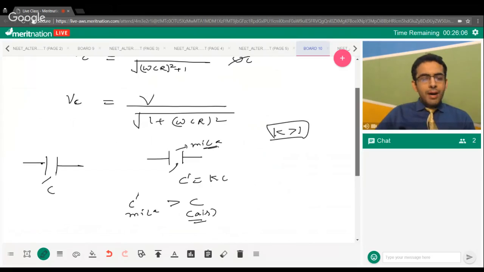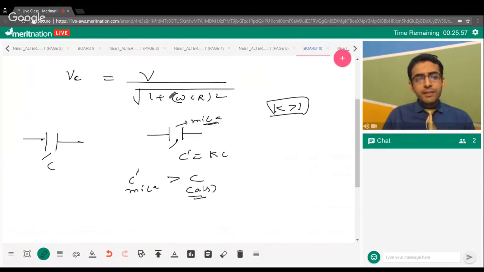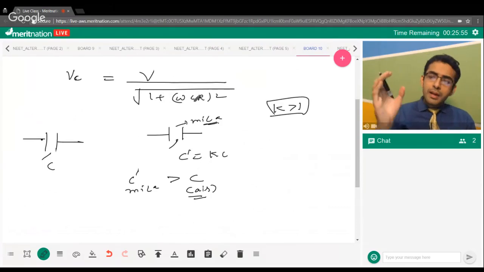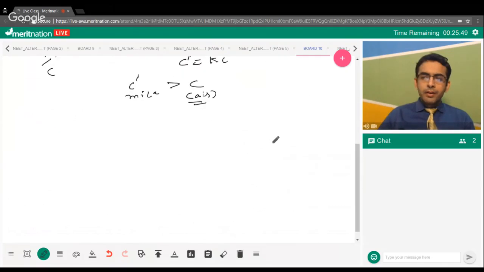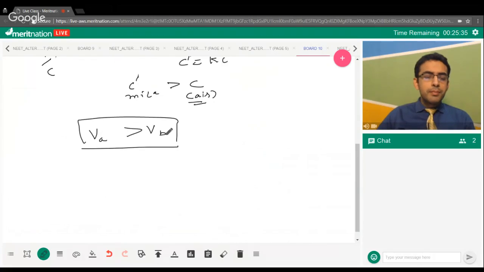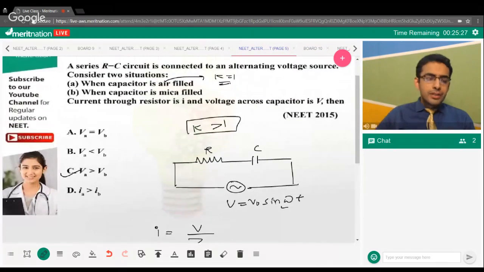The voltage across capacitor is inversely proportional to C. More the capacitance, less the voltage. So voltage in case of air is more than voltage in case of mica. That means the correct answer for the given question is C.